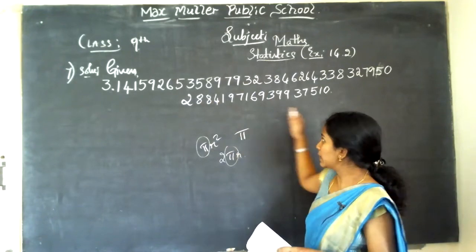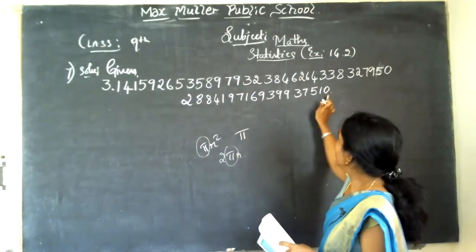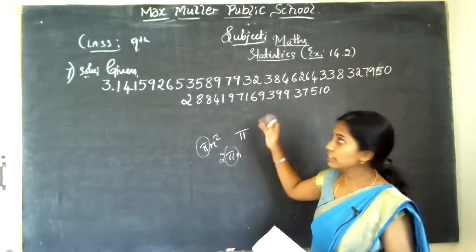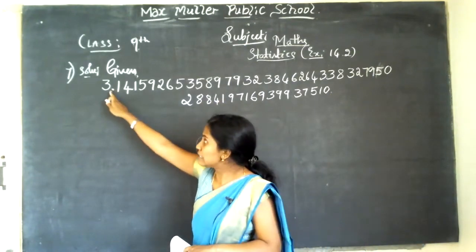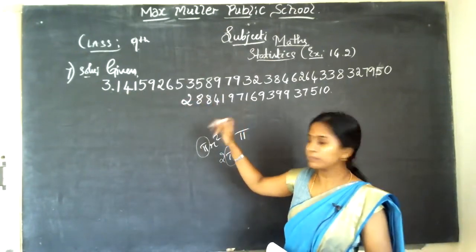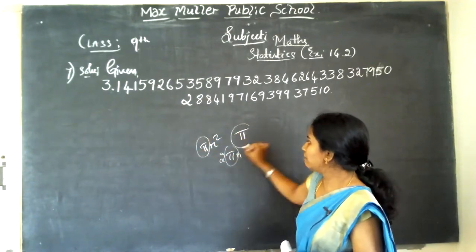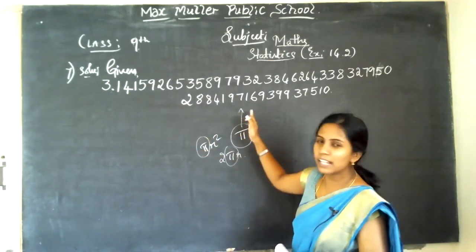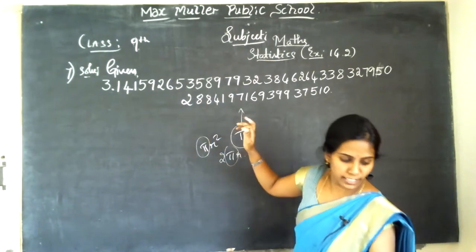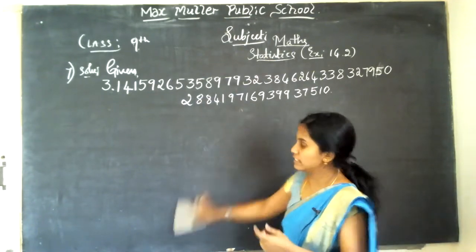It will go on, but they have taken it till 50 decimal places. After the decimal point, when you count it, you will get 50. So you have to count after the decimal point. They have given till 50 decimal places, so I have written that number.